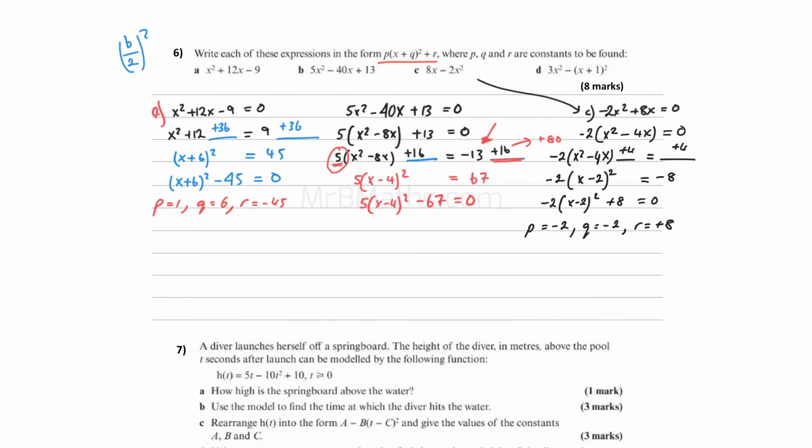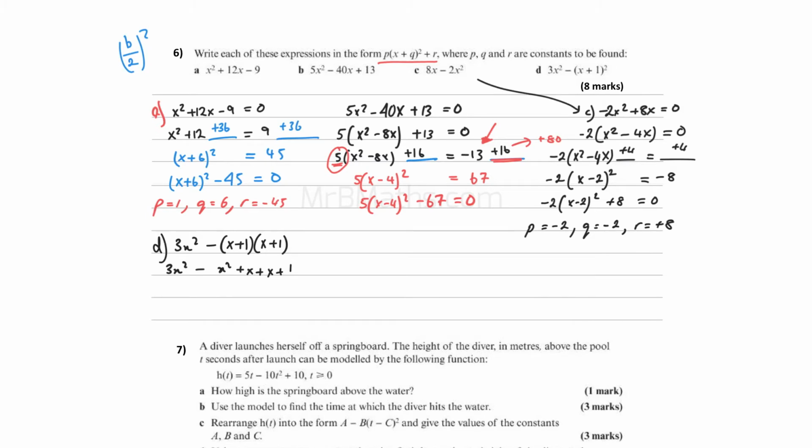Okay, and finally with D, we've got 3x squared minus x plus 1, x plus 1. So if we just expand this, we've got x squared plus x plus x plus 1.